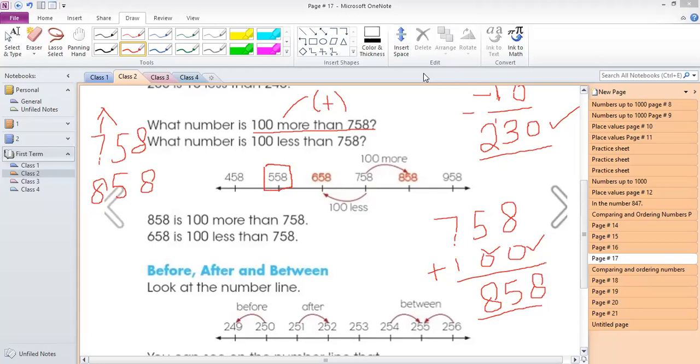Yusuf, very good. What is 100 more than 558? Abdul Muhit, one mistake. Check out the ones. Umar Nizar, very good. Muhammad Mashdi, very good. Muhammad Momin, very good.